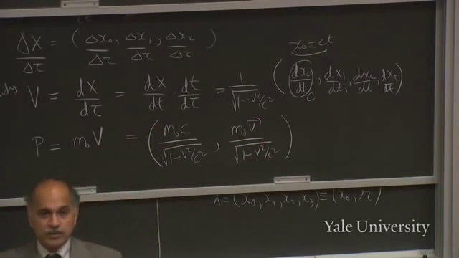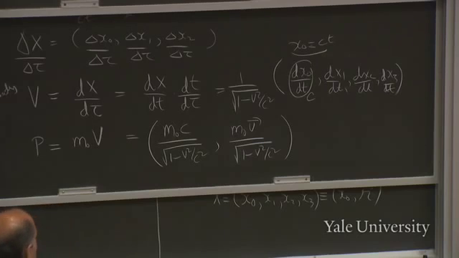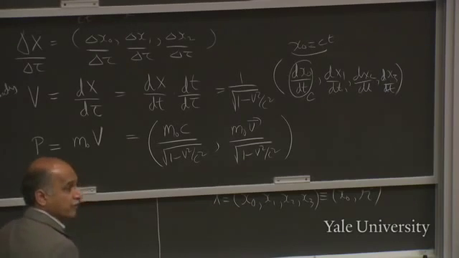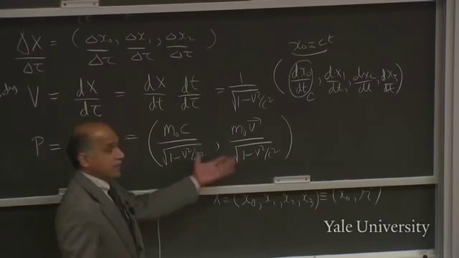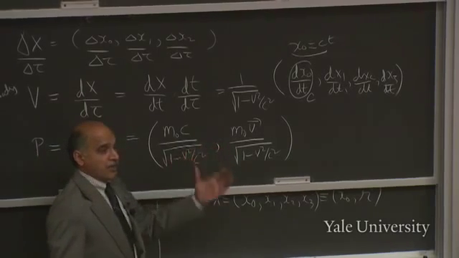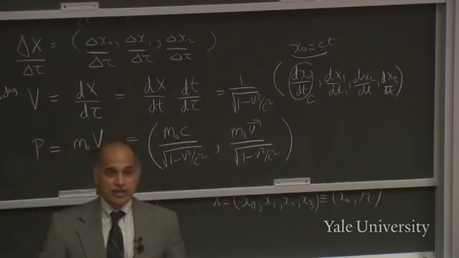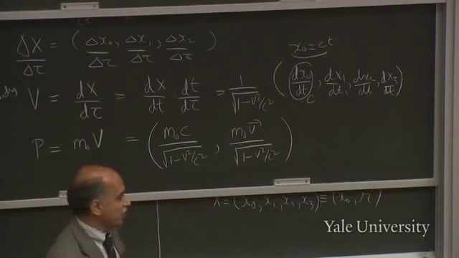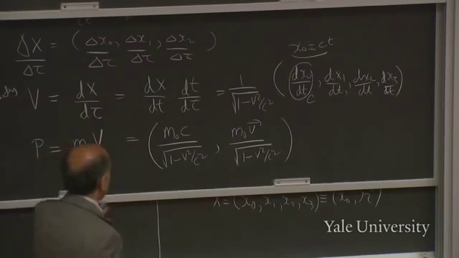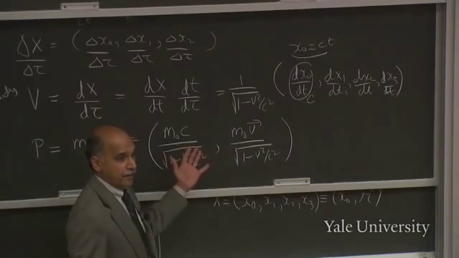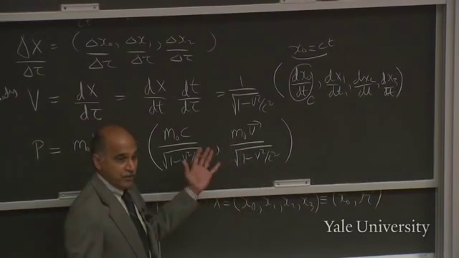So we have manufactured now a new beast. It's got 4 components. What is it? I modeled it after the old momentum. I took the mass and I multiplied by what is going to pass for velocity in my new world, and I got this creature with 4 parts. You've got to understand what the 4 parts mean.